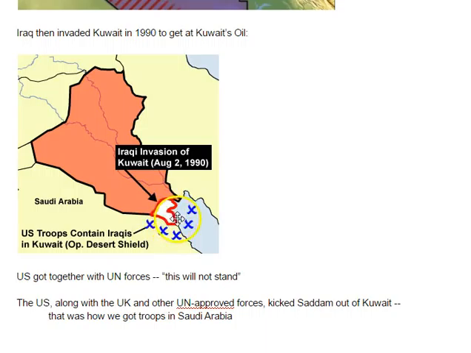Iraq took over Kuwait, and then the United States, along with the United Nations and other nations, in conjunction with the UN, said we are going to contain the Iraqis and then eventually push them back out of Kuwait and into Iraq. And that's how we got troops in Saudi Arabia.